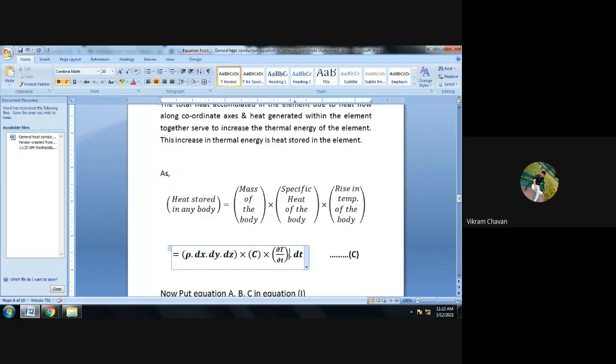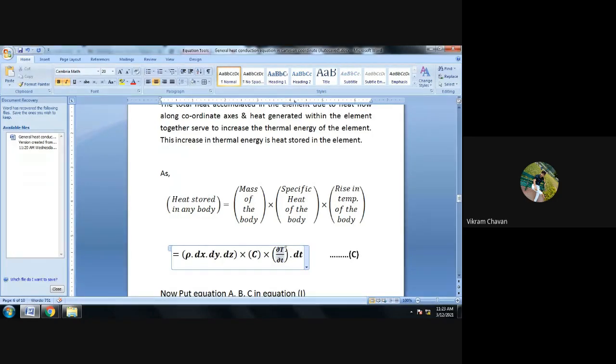Now this rise in temperature will happen with respect to time. As the time changes, the temperature also goes on changing. So the small incremental change we have written here as delta T divided by delta t, the rise in temperature with respect to time.